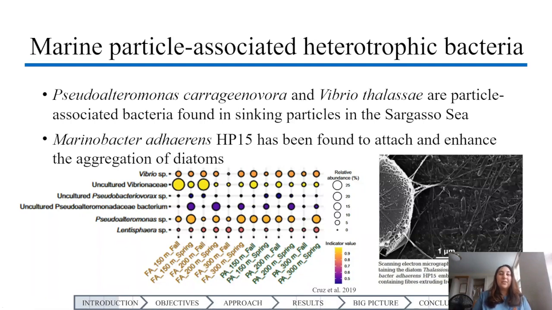Therefore, my work with Pseudothermomonas carrigenivora and Vibrio thalassi, two bacteria selected based on an indicator species analysis and their specificity to sinking particles, alongside Marinobacter adherens HP15, a bacterium found to attach and enhance the aggregation of diatoms, is contributing greatly to this field.